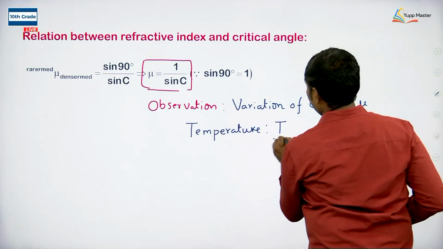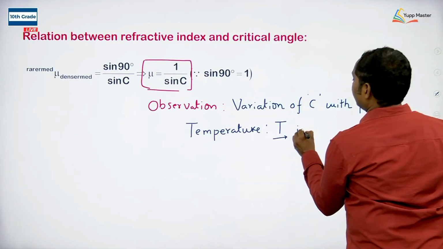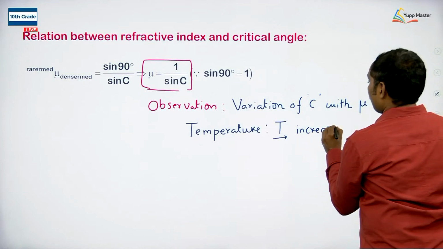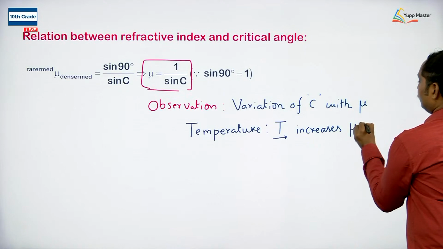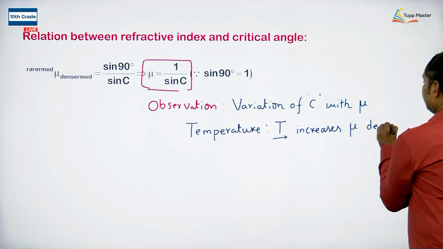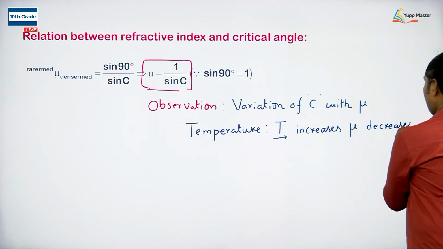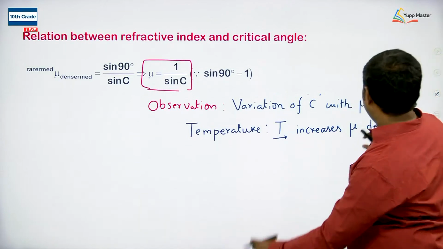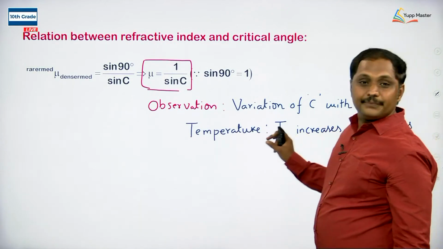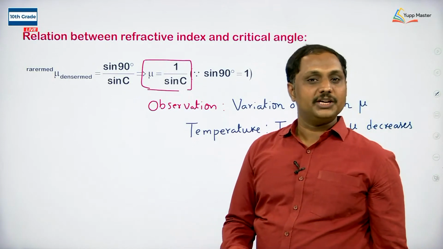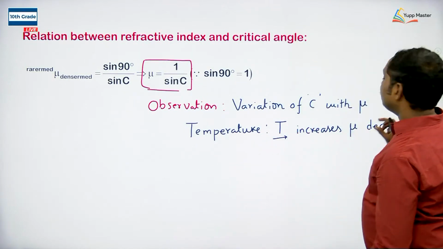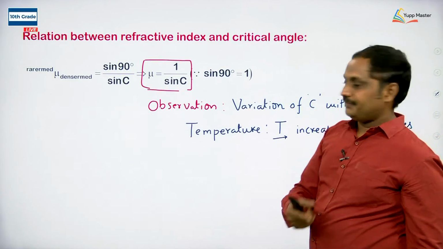As you will find, as T increases, the mu value decreases. Temperature increases, the density changes, the speed changes, so the refractive index is going to decrease.